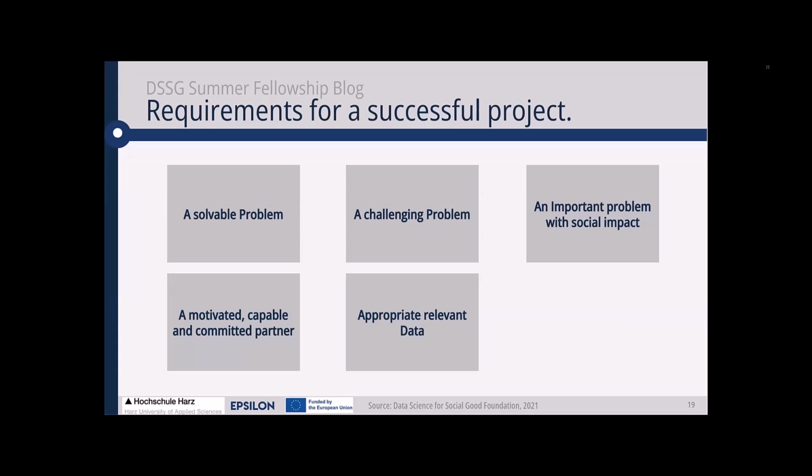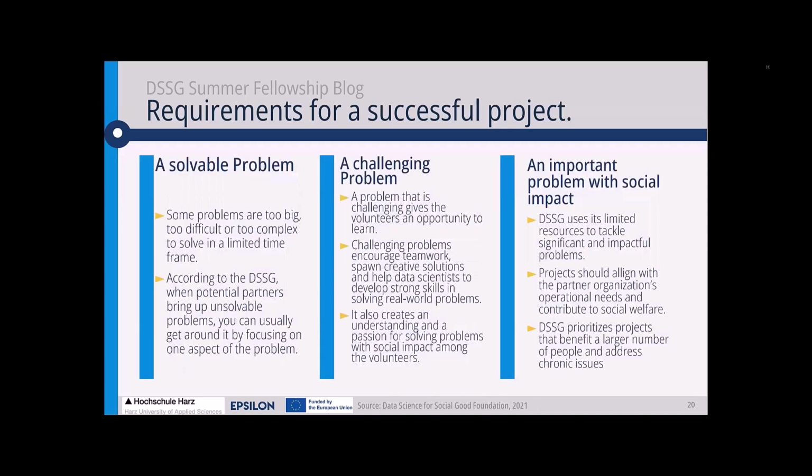Within a project, the data issue is the most time-consuming issue that you should be aware of. Therefore, if data is available, that is the ideal case. But if not, be aware that data cleansing and data preparation takes most of the time of your project in general. So these 5 points altogether form the components of a successful project.